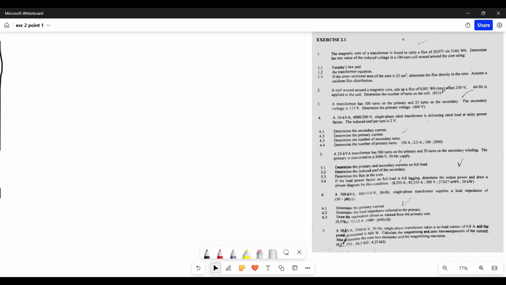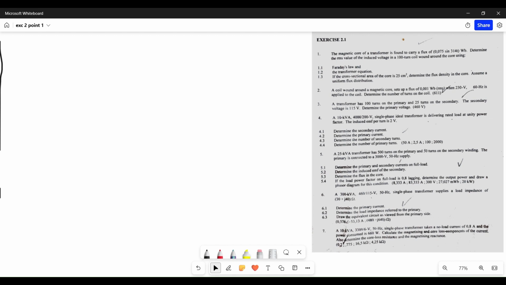Question 6. What does question 6 say? Question 6 says that a 300 kVA 460/115 V 50 Hz single phase transformer supplies a load impedance of 30 plus j40.